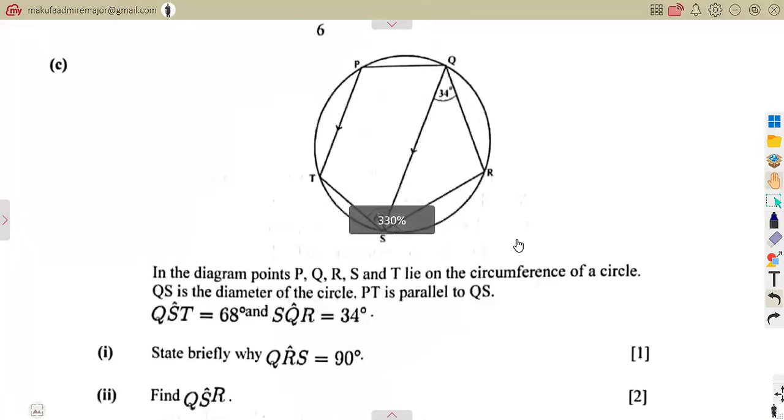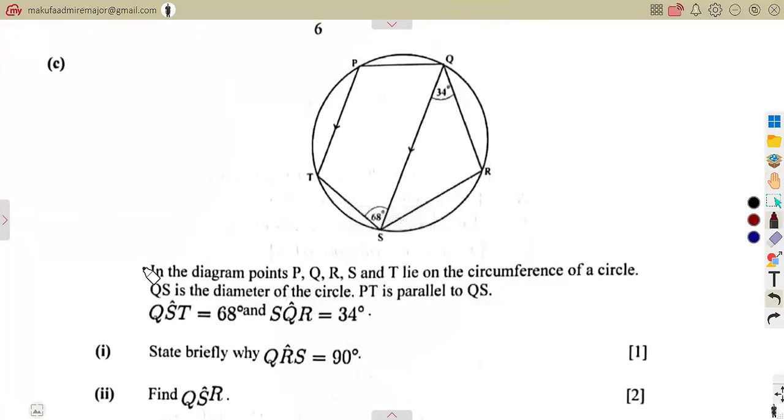Then on C, in this diagram, we have P, Q, R, and S. These are points on the circumference of the circle. We're given that QS is the diameter.